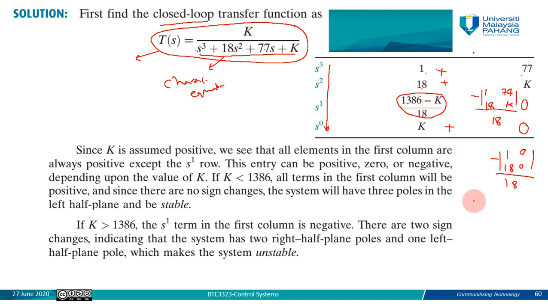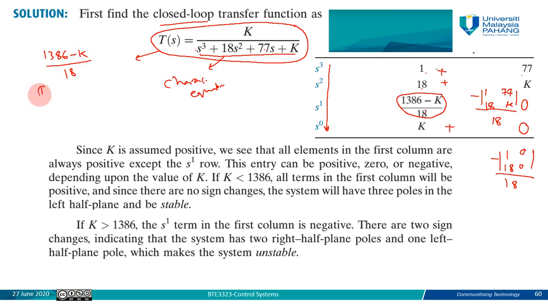If you have this element here, 1386 minus k over 18, and I want to solve this equation for the value of k, I have three situations.